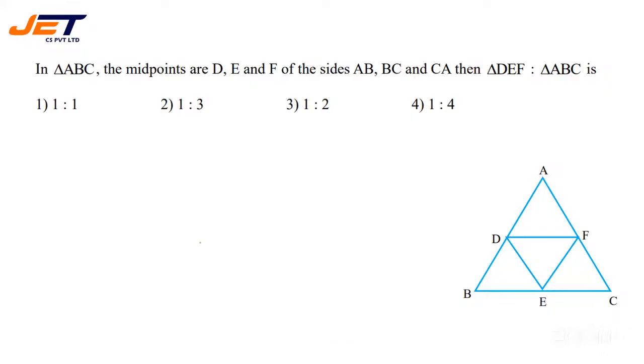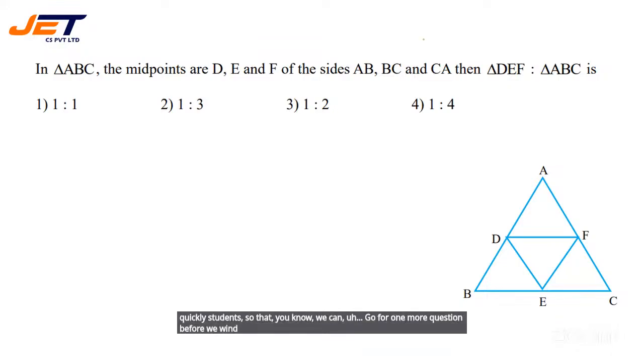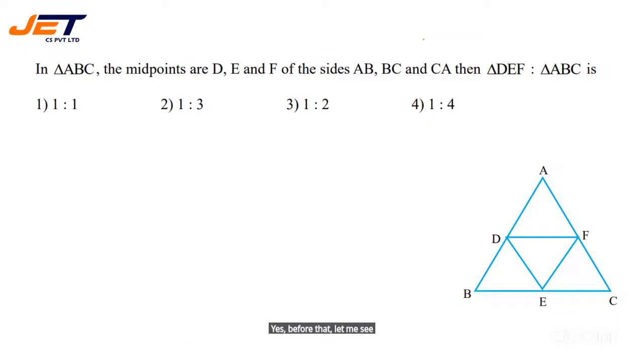Quickly, students, so that we can go for one more question before we wind up today. Yes, I do have answers from Jnaneshwar, Manohar, Madhupriya, Harisharanya, Meenakshi, Rekha, Ashwita, Amulya, Varshita, Prem Charan, Leeja, Lavanya, Varshita.